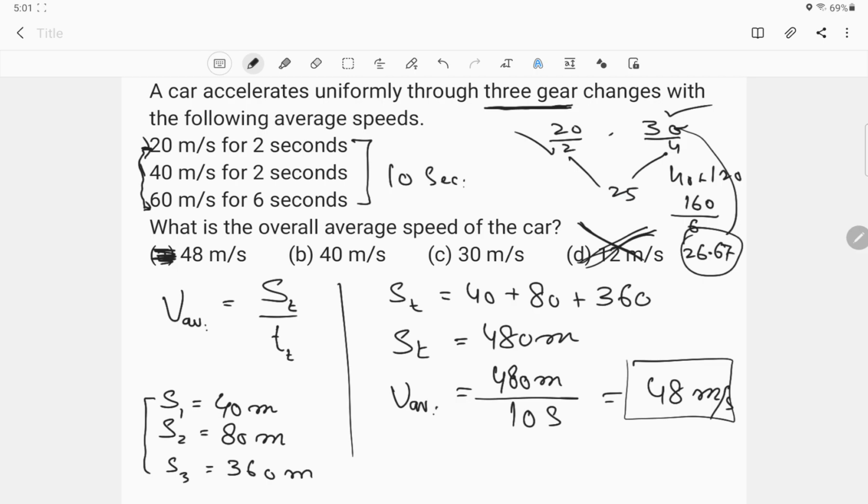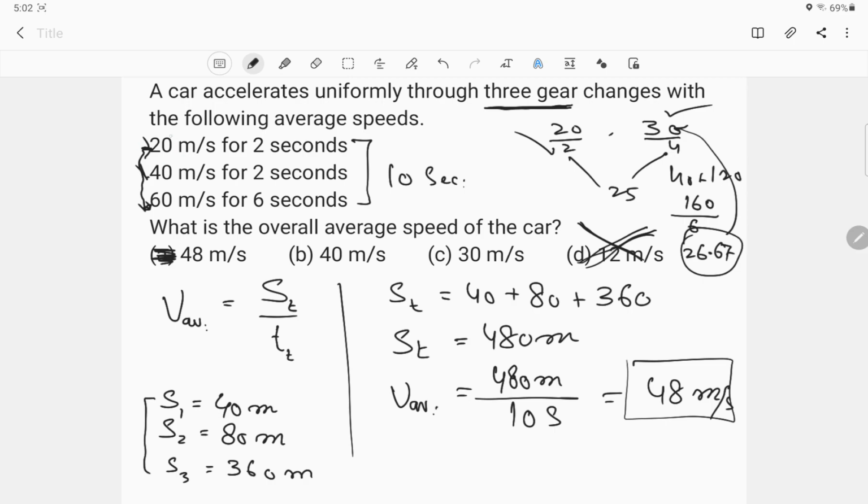So the same is the tip here, that you can avoid calculation, you can choose the correct answer in a simple manner. Now here you can see 40 and 60, these are the two values. According to this tip, you can understand that the velocity should be near to 40, but 20 is also there.